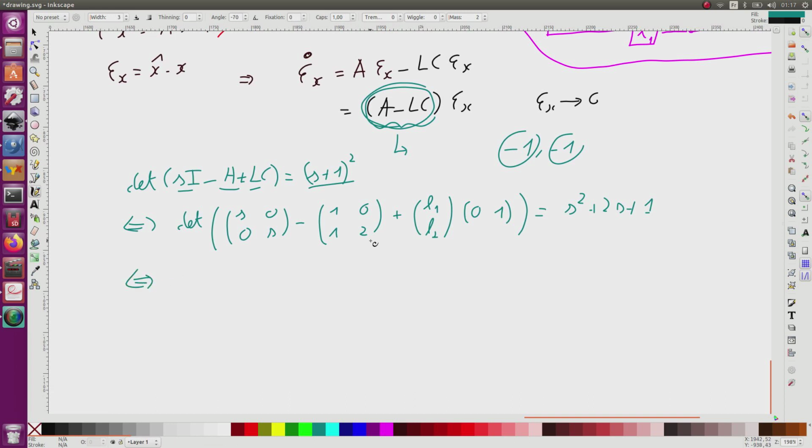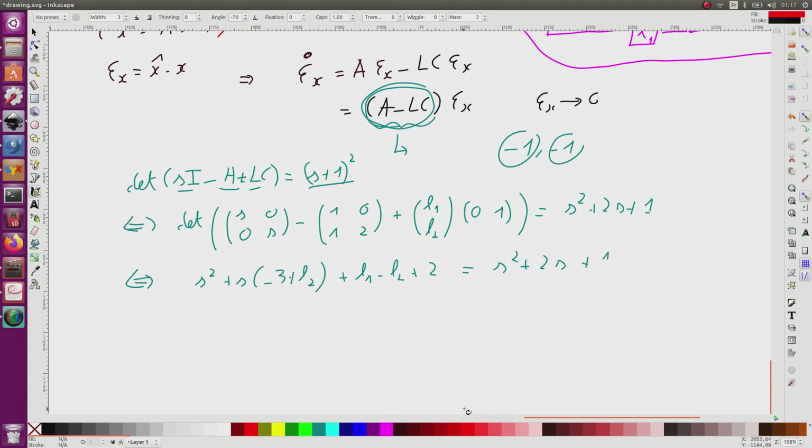So I compute this determinant, and I will get s squared plus s times minus 3 plus L2, plus L1 minus L2 plus 2, and this should be equal to s squared plus 2s plus 1.